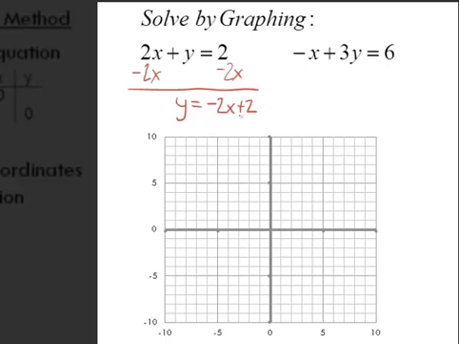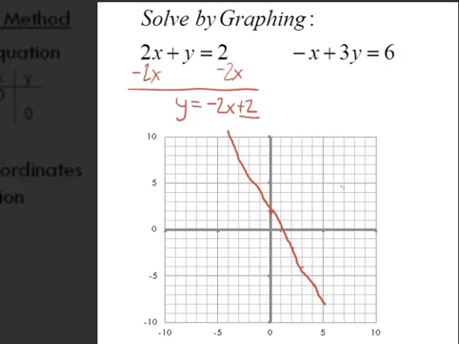And as a reminder, we begin at 2 on the y-axis. So I'll put a point there. And then the negative 2 indicates the slope. That means we go down 2 and over 1, down 2 over 1, and so on. And you can see a couple different points. I'll connect those with a line.